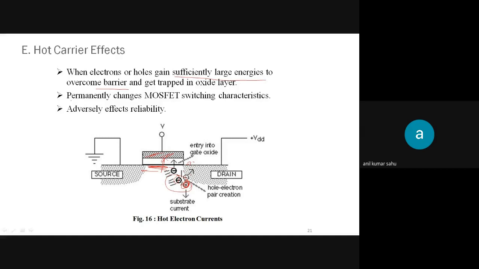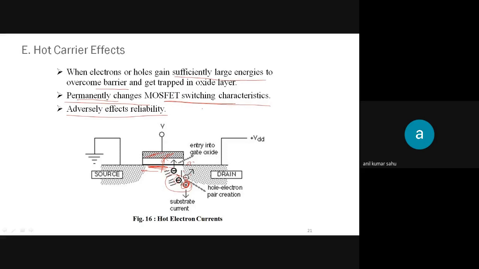Whenever an electron is trapped in the oxide layer, a hot carrier effect is generated. It permanently changes the MOSFET switching characteristics, and it adversely affects the reliability of the device.